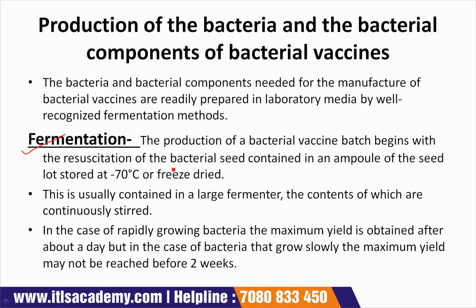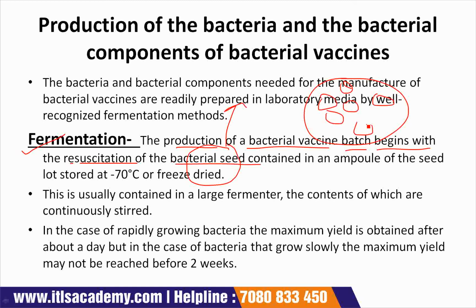Fermentation. The production of a bacterial vaccine batch begins with the resuscitation of the bacterial seed, that is the initial culture of bacteria that we have cultured in the growing phase of bacteria.